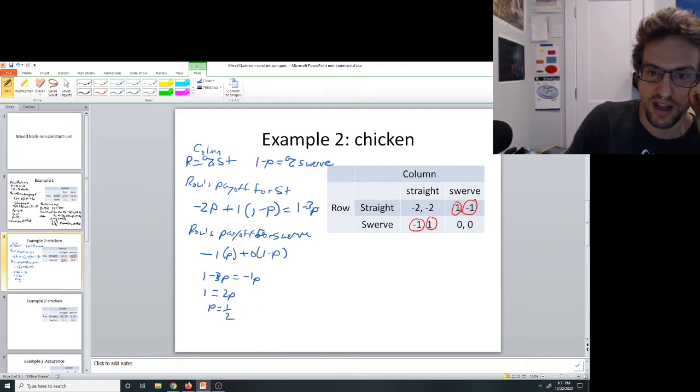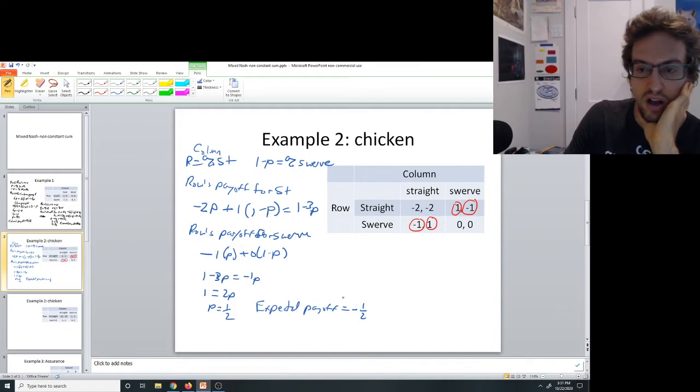And if you plug that back into this right here, or into this one, I guess right here, you get the expected payoff is -1/2 for each player, for both, because it's symmetric. So the question is, is -1/2 the third Nash?